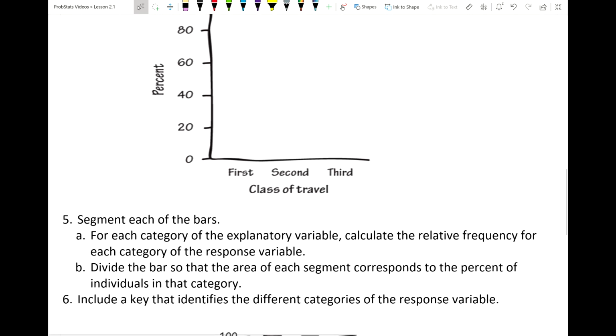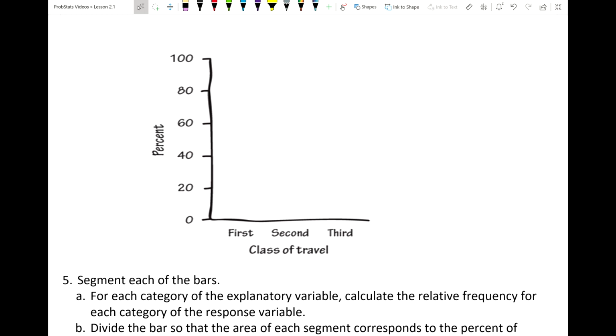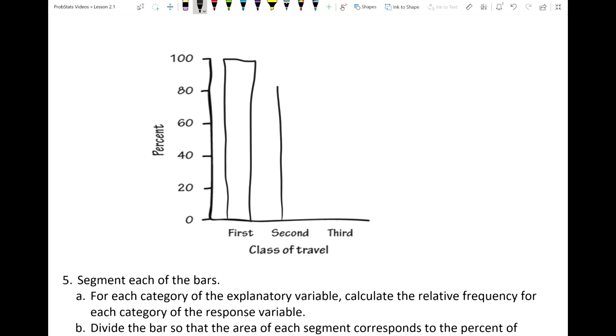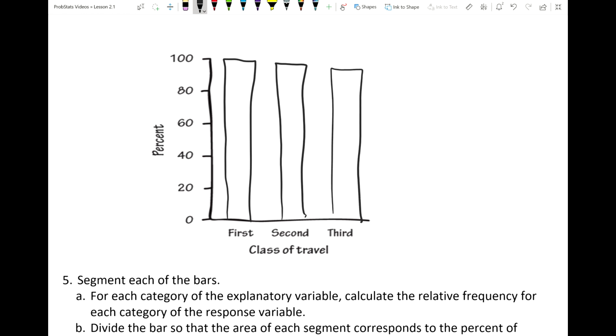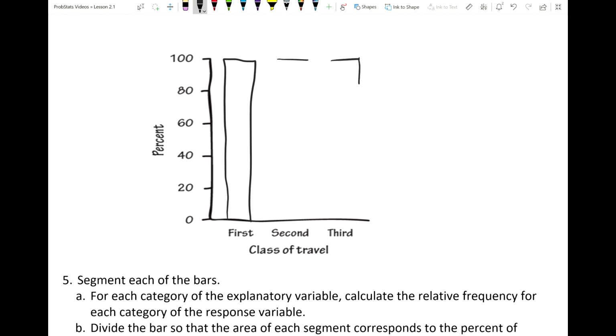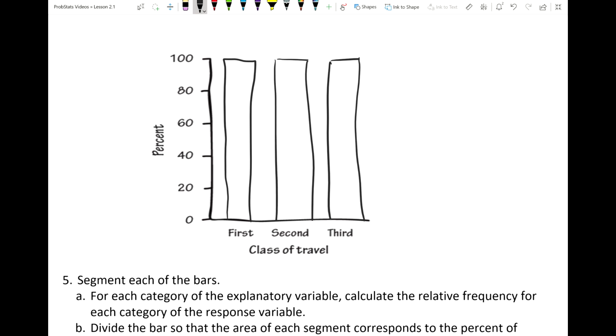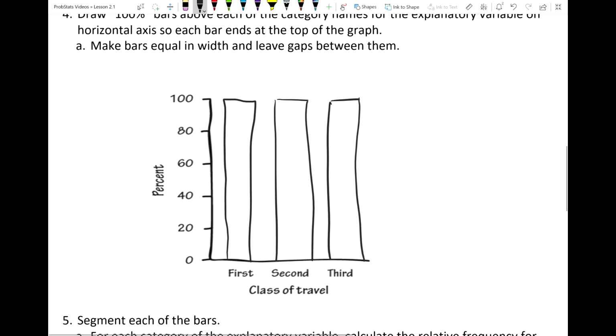We're going to be drawing 100% bars for each of the categories, kind of like this. Make them about the same width and the same distance apart. And they're all at the 100% mark. Okay, pretty easy fourth step.